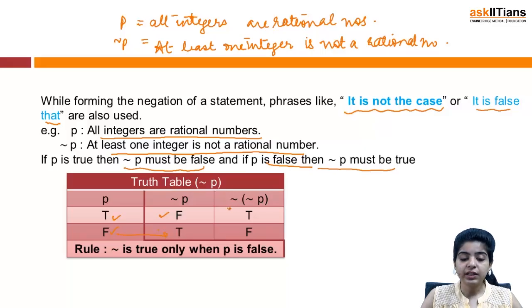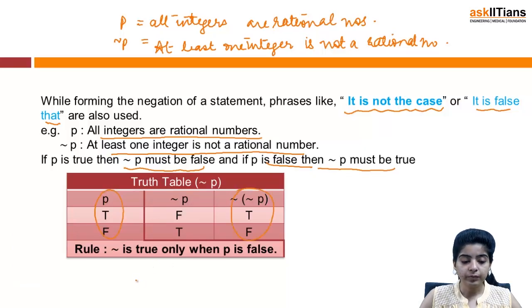Now let's see negation of negation P. If you consider negation of negation P, that means just negate this column. Now false will become true, true becomes false, and now just see these two columns, P and negation of negation P. You can see both the columns are entirely same.